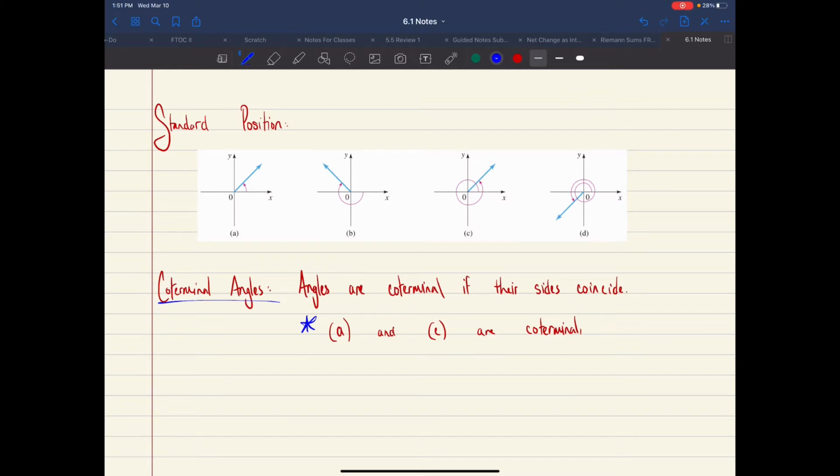In these diagrams, angle A and angle C both terminate at the same place, even though A is a smaller angle than C. Adding 360 degrees to A would land you at C, which means those two angles are coterminal. This works better through examples, so let's go into those.